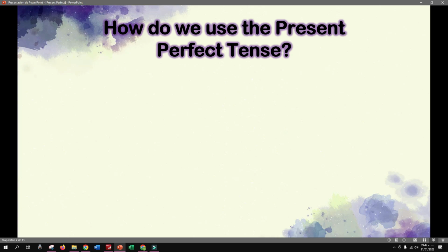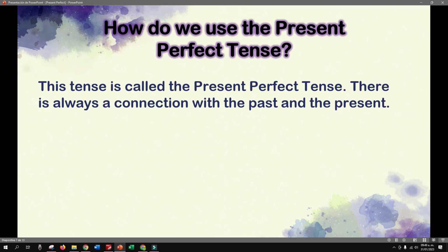Let's continue. How do we use the present perfect? That will be like three ways to use it. This tense is called the present perfect tense. There is always a connection with the past and the present.